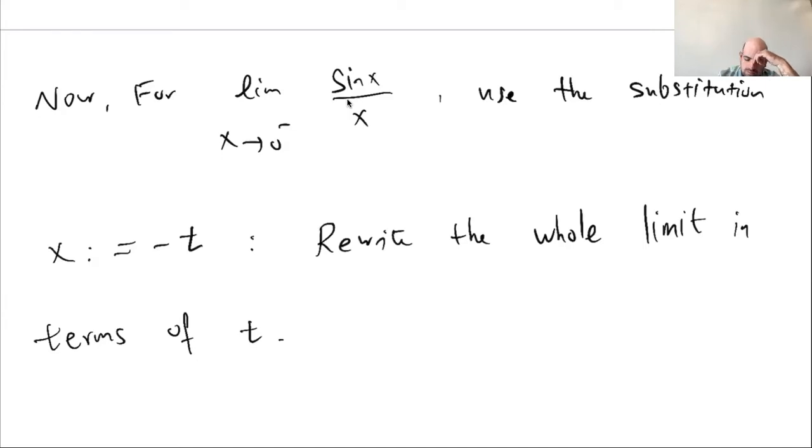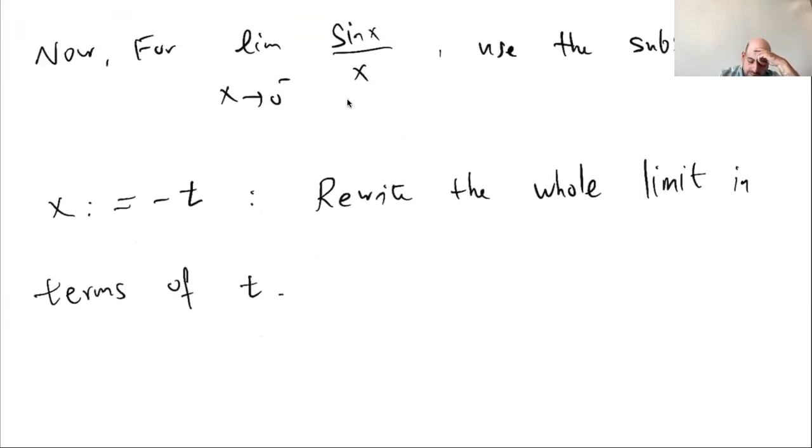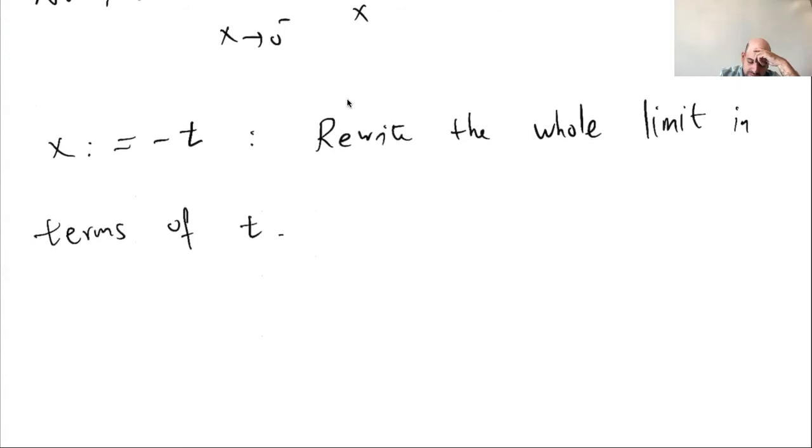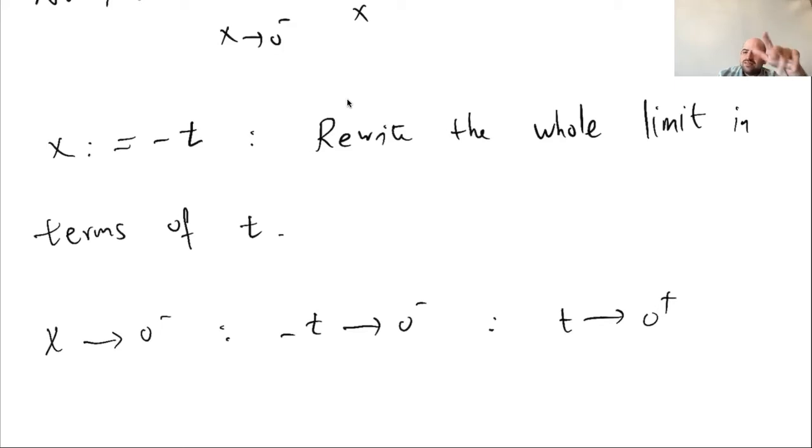Okay, so first of all, x approaches 0 from left. That means minus t approaches 0 from left. So t itself must approach 0 from right. You want 0 minus, what does that mean? It means a little bit less than 0.